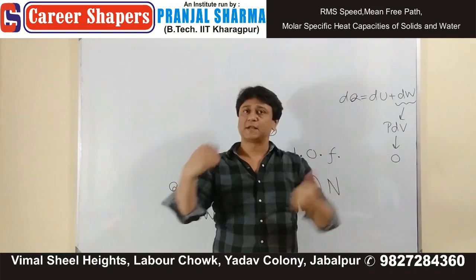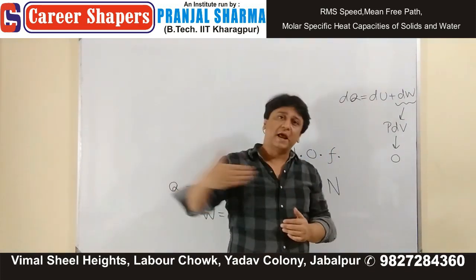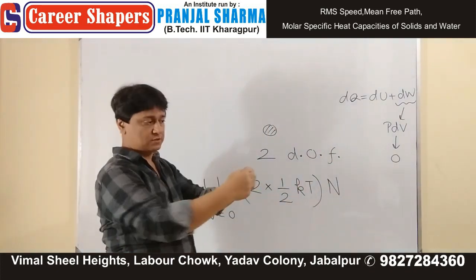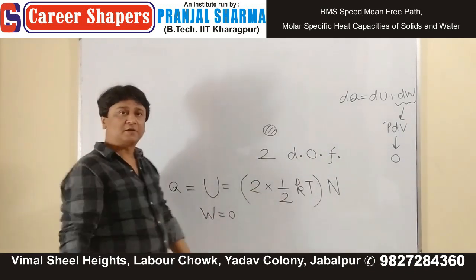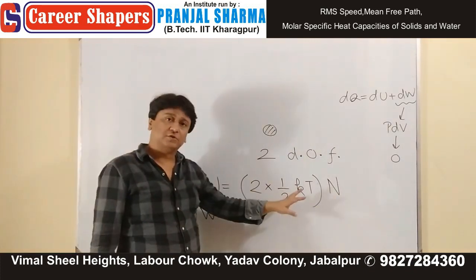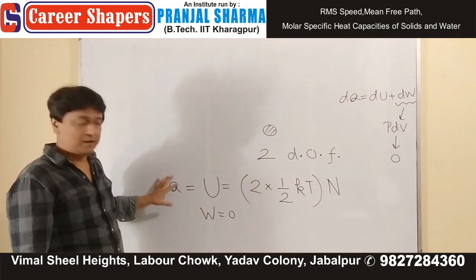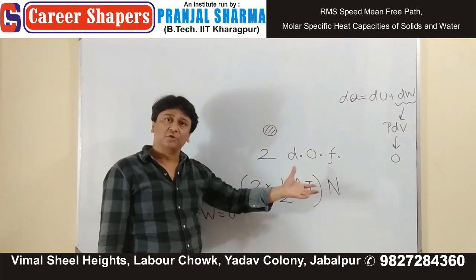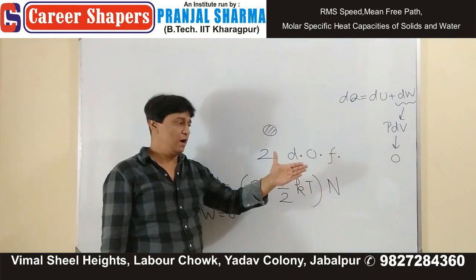So as it oscillates, it has 2 degrees of freedom for a given axis, this. But you can always have this axis. So how many axes are present? 3. If there are 3 axes present, then this energy is supplied along a given axis. On an average, there are 3 axes present, X, Y, and Z.